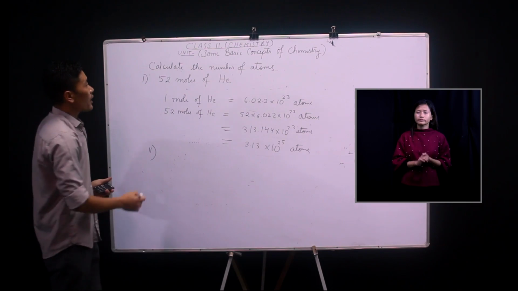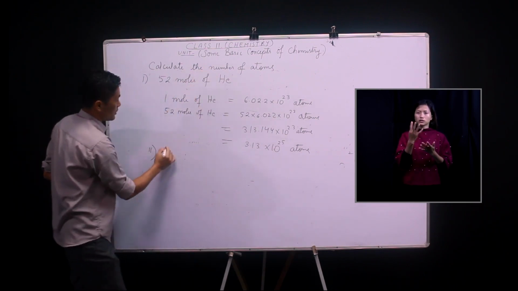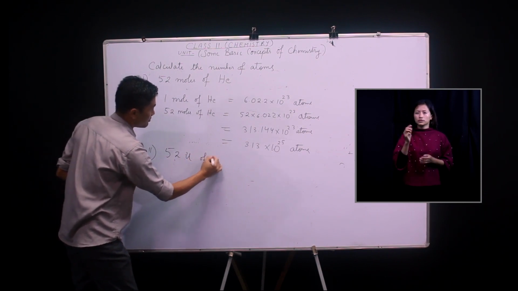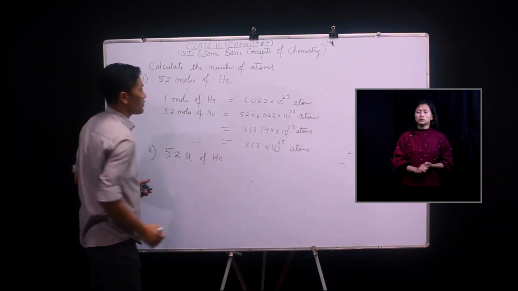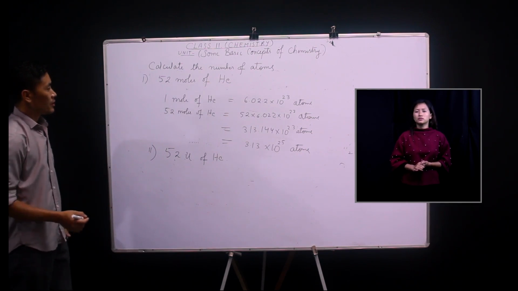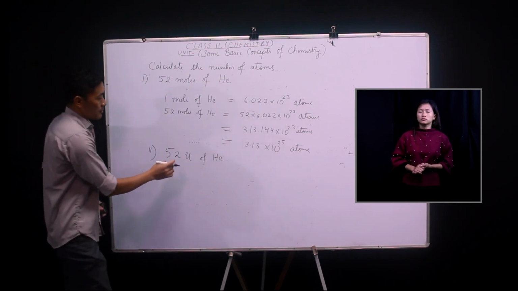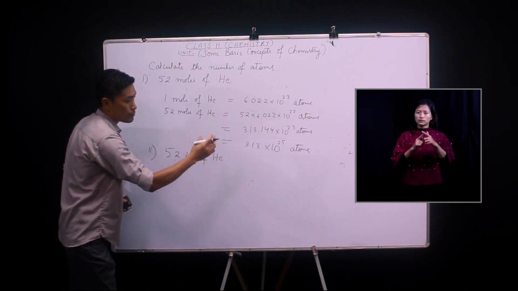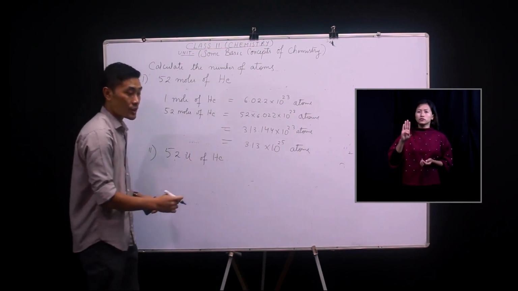Likewise, if we are asked to calculate the number of atoms in 52 unified mass of helium, the mass of one helium atom is 4 unified mass.